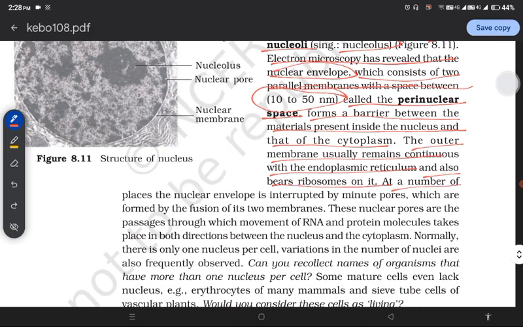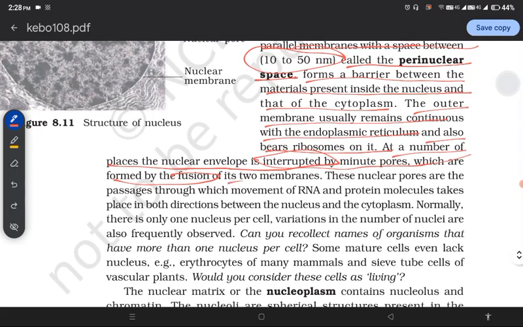At a number of places, the nuclear envelope is interrupted by minute pores, which are formed by the fusion of the two membranes. The nuclear pores are the passages through which movement of RNA and protein molecules takes place in both directions between nucleus and cytoplasm.